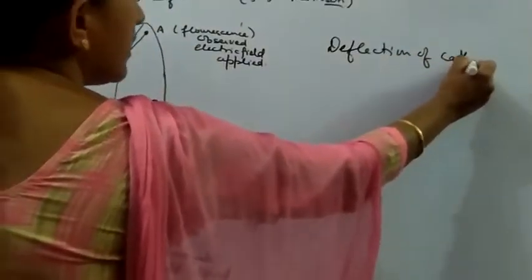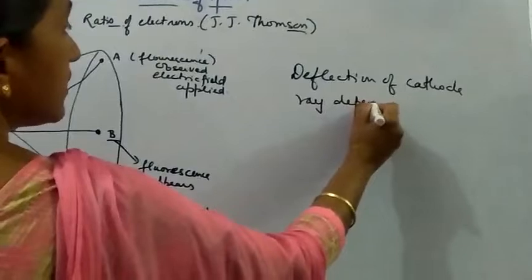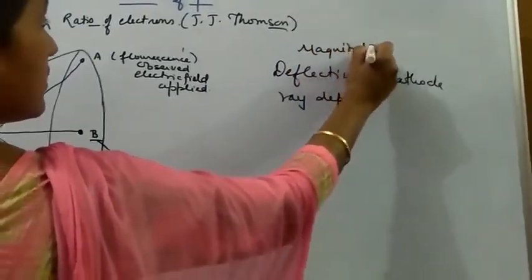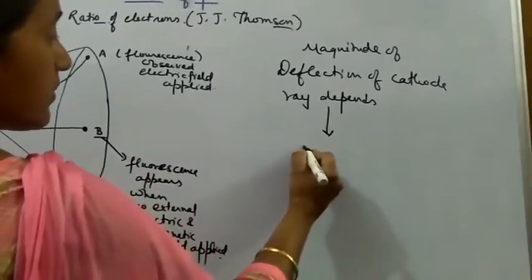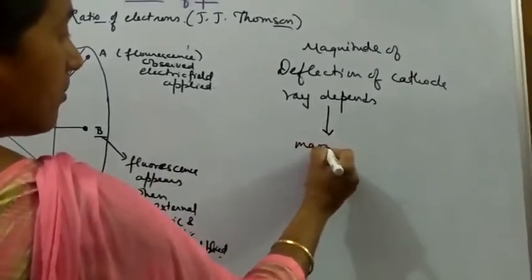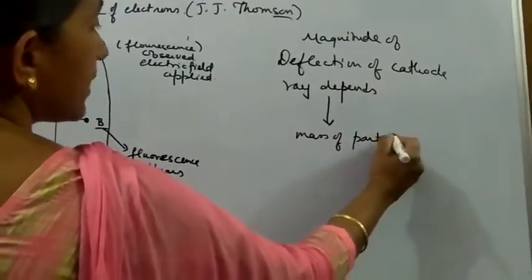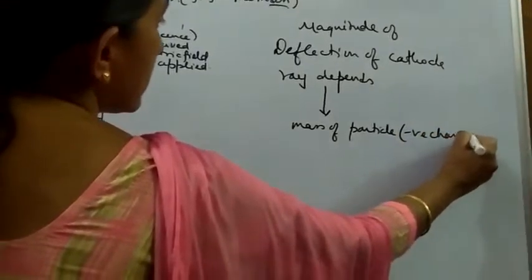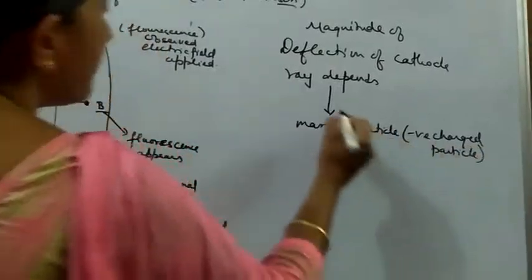So the three factors on which the deflection of cathode ray depends. First is the mass of the particle. Here the particle is the negatively charged particle, that is the electron.